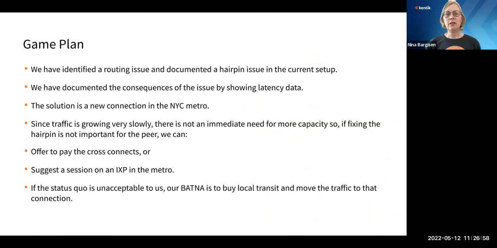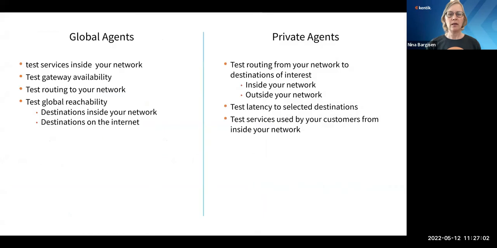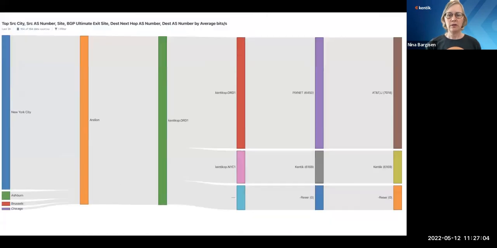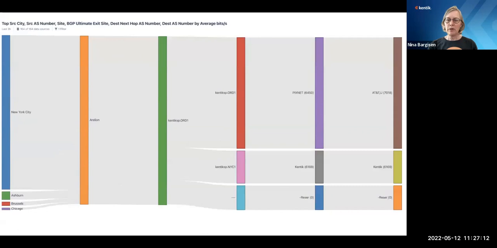That's a great question. And actually, it's not. If we go back and have a look at one of the diagrams, we can see what we do is that we have only put in the next hop ASN and the destination ASN in our query. That means that we don't really know what's happening.